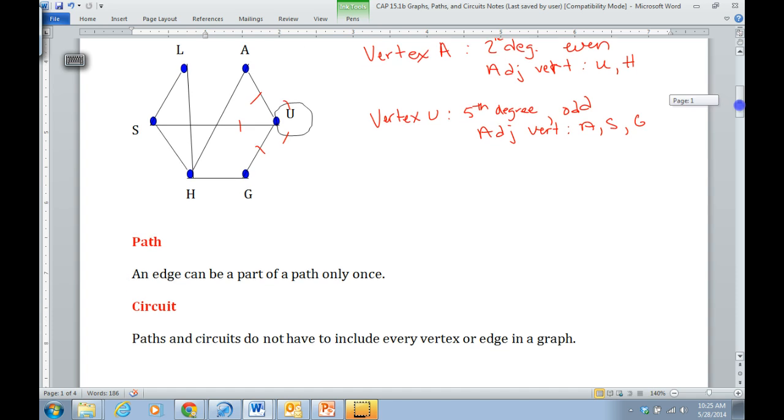So let's look at 2 more definitions. Path and a circuit. A path is a sequence of adjacent vertices and edges connecting them.